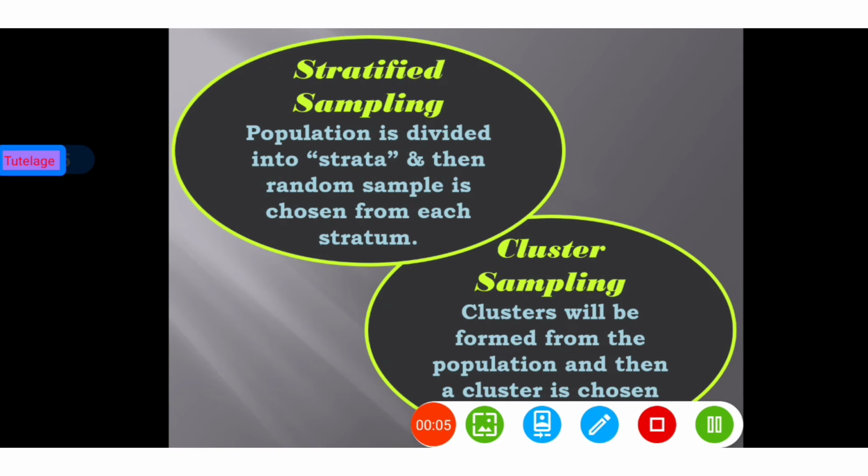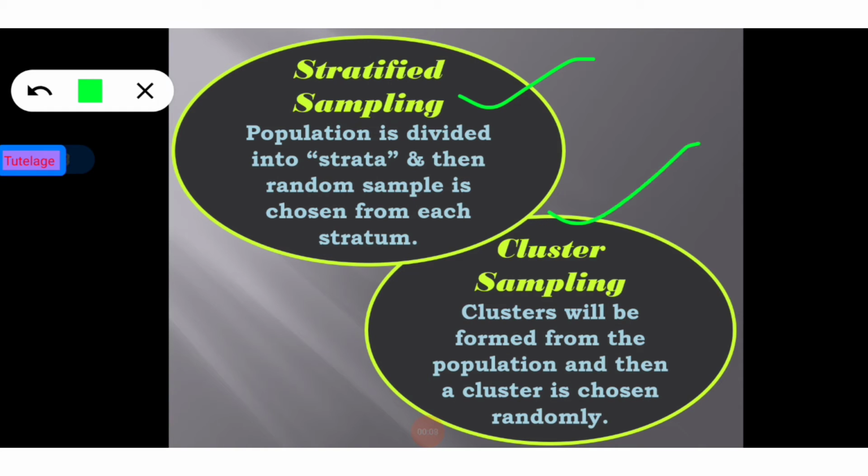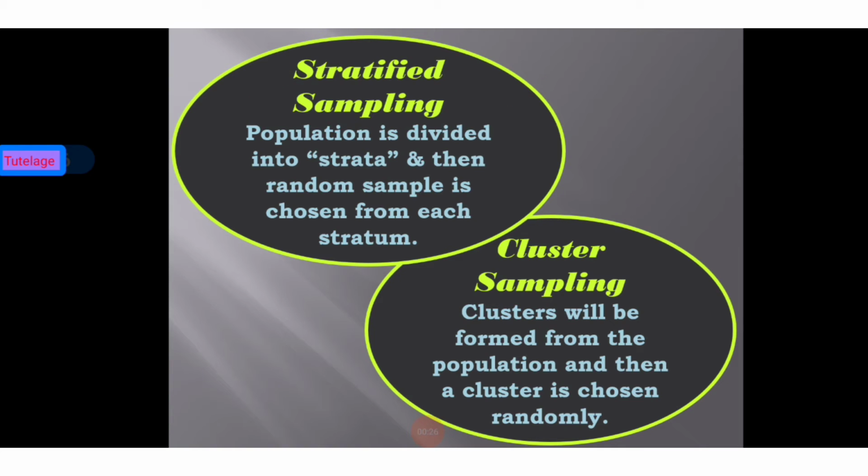So now move on to the next. We can say there are two types of probability sampling.